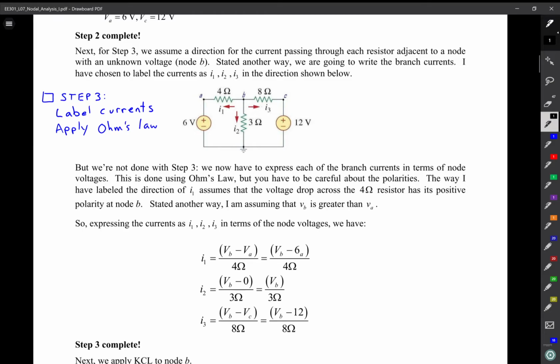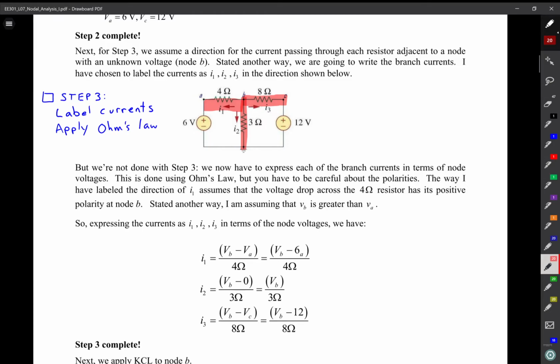We assume a direction for a current. I1, let's say, is going from node B to node A. Current I2 is going from B to ground. And current I3 is going from B to C.